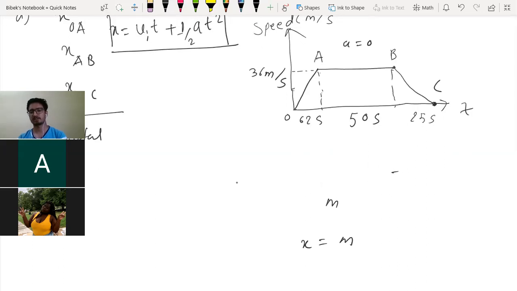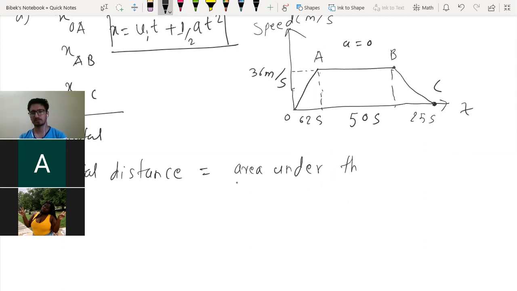So let's find the area under the curve. The total distance is equal to the area under the speed versus time curve.